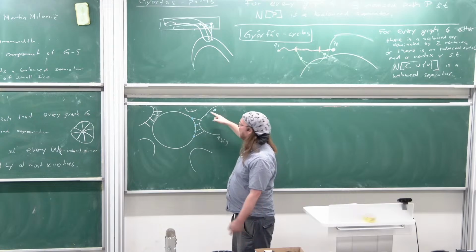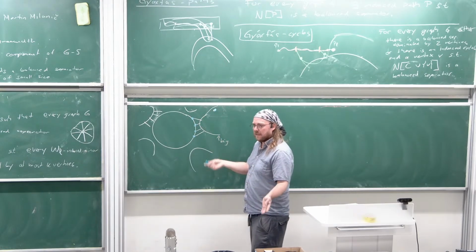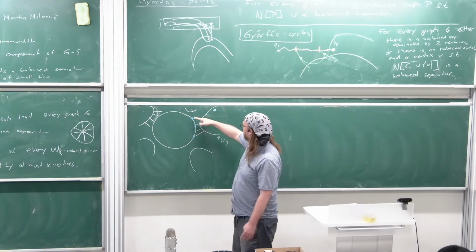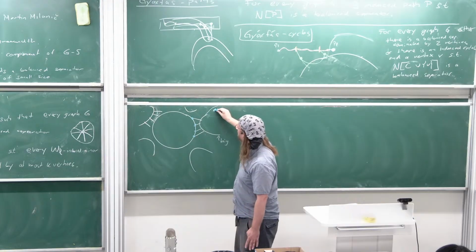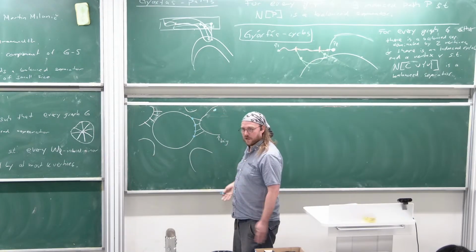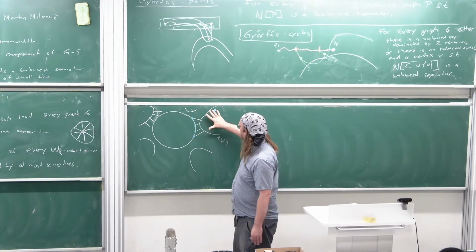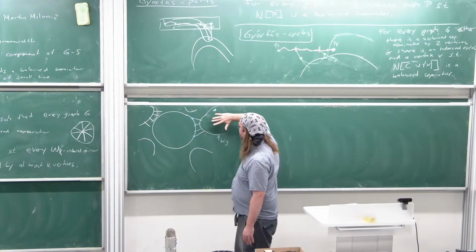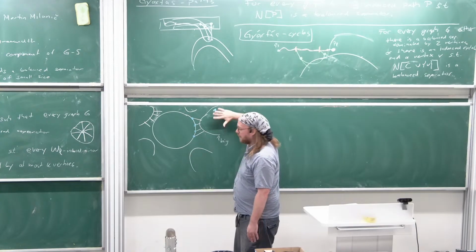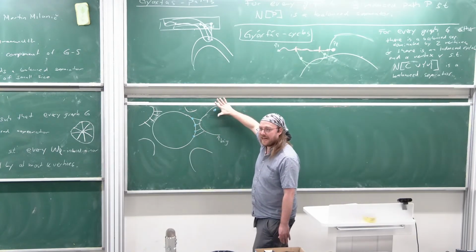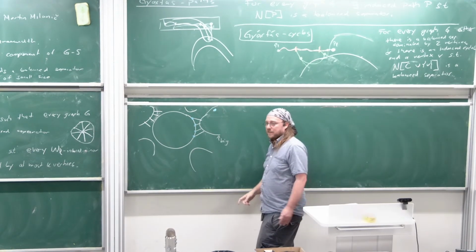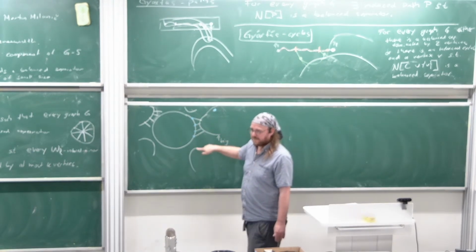And what we can actually show, it's pretty straightforward, is that just taking those vertices and their closed neighborhood only shrinks this component. So this will actually be now a balanced separator, dominated by these L vertices.